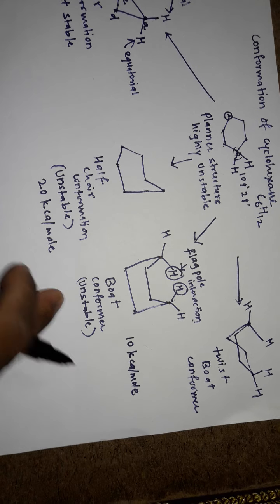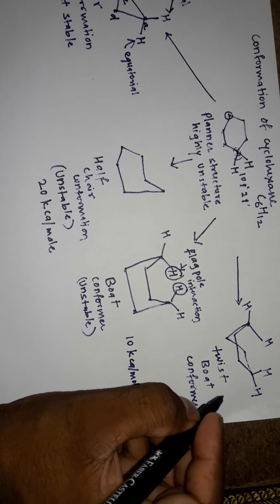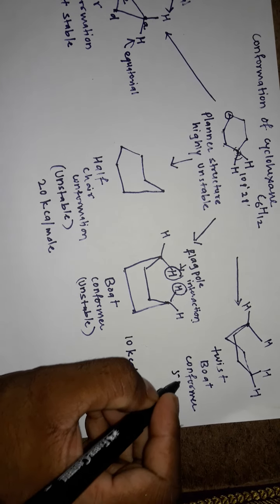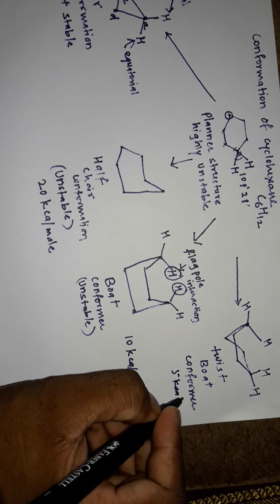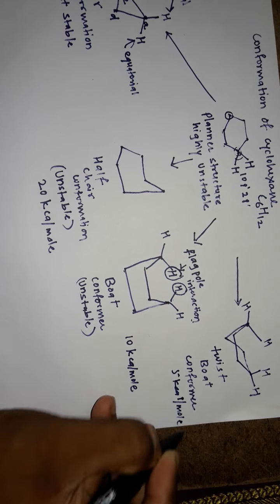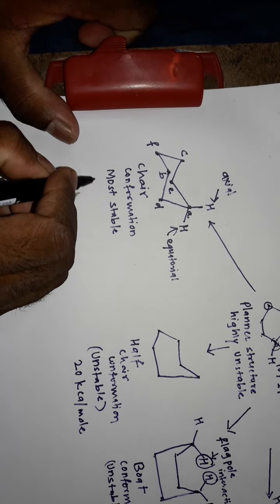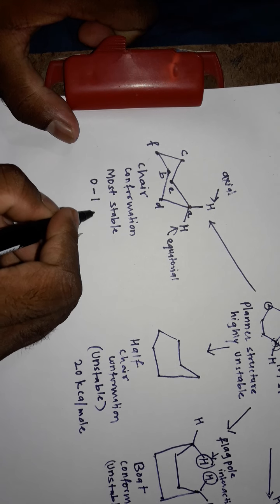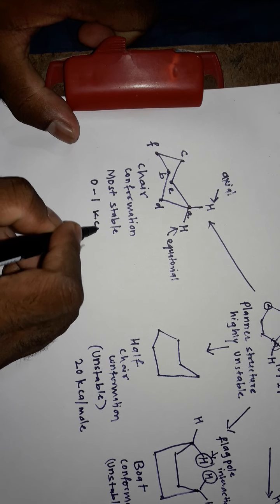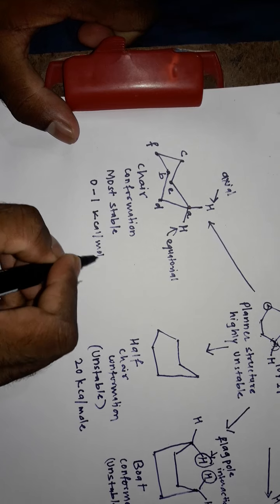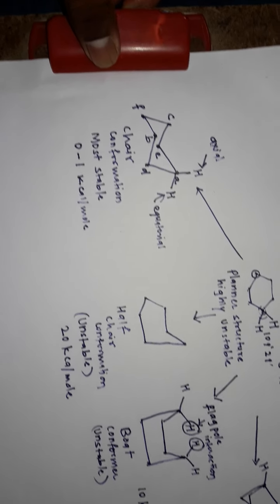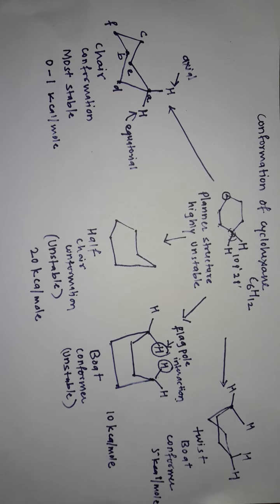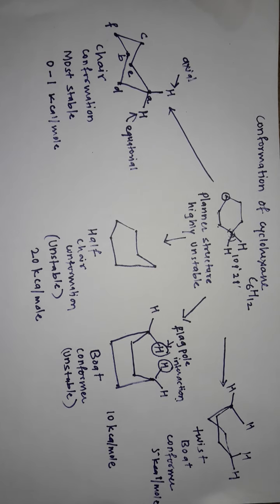If it is 10, the twist boat will be like say 5 kilocalorie per mole, and our chair conformer will be between 0 to 1 kilocalorie per mole. Okay. So this is how the stability goes.